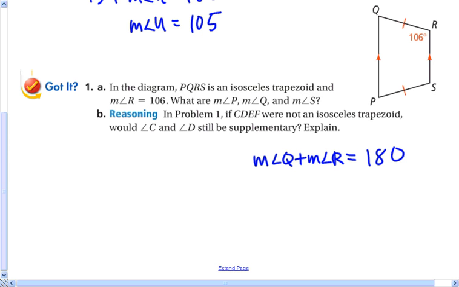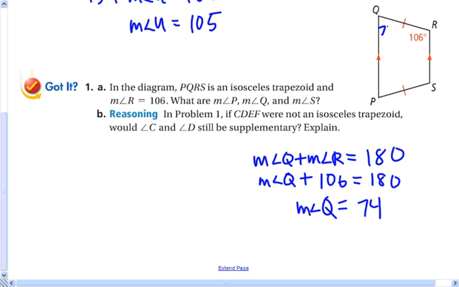And the measure of angle R is given as 106. So we'll substitute that in, and we get the measure of angle Q is equal to 74. And then since it's an isosceles trapezoid, we can fill in the other side.